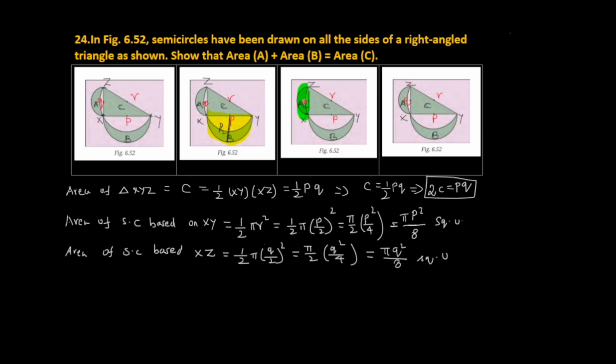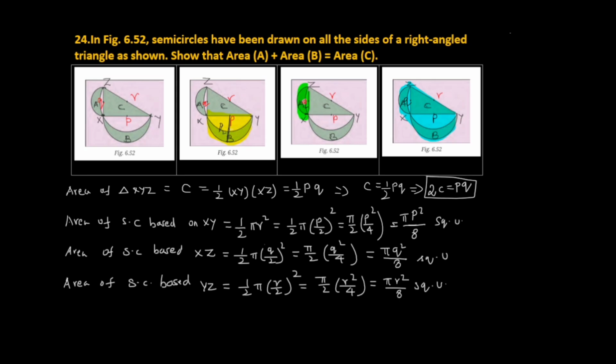Now, third, based on the hypotenuse R, we can see another semicircle. R is the diameter, so the radius is R by 2. Area of semicircle based on the side YZ is half into pi into R by 2 squared, so pi by 2 into R squared by 4 is equal to pi R squared by 8 square units.